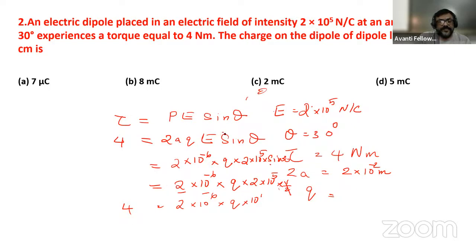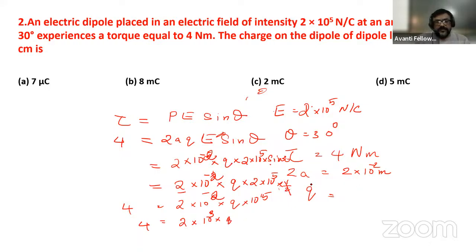It is 10 raised to negative 2. So this is 10 raised to negative 2 into 10 raised to 5. On simplification, you will get 4 is equal to 2 into 10 raised to 3 into Q.